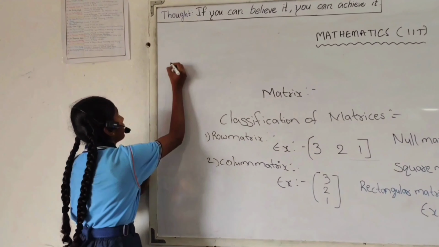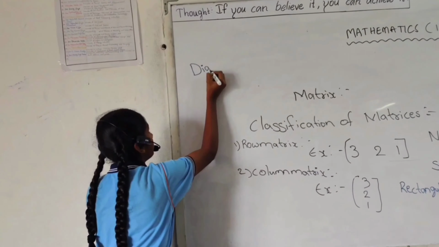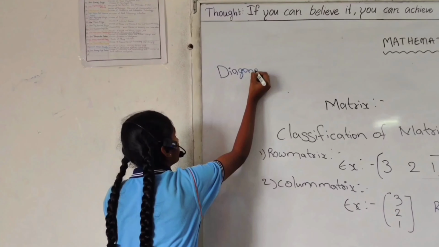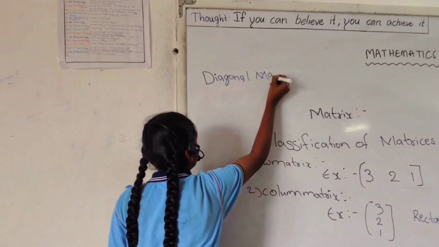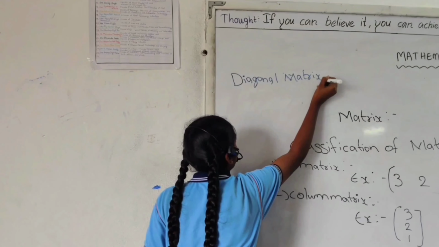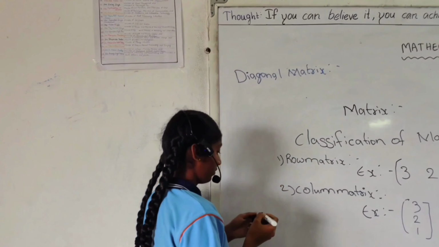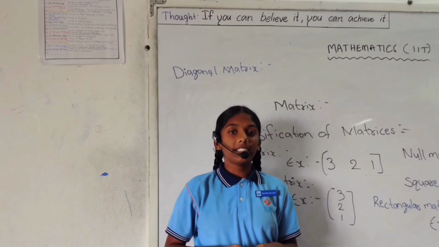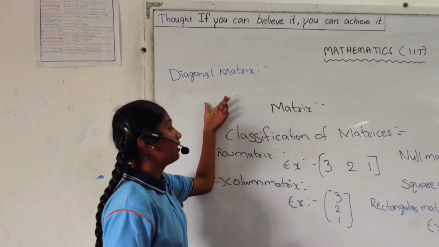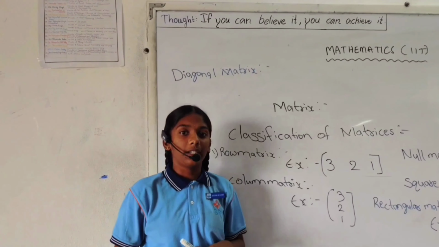Next, diagonal matrix. In a matrix, if all its non-diagonal elements are 0, then it is called a diagonal matrix, and it should be a square matrix.